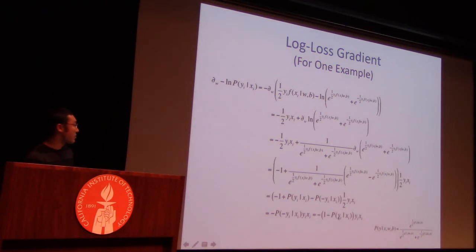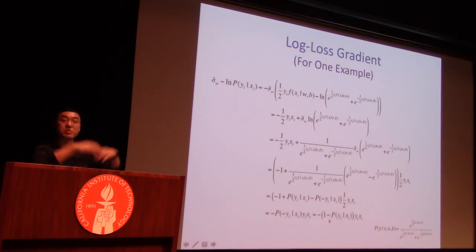So if our current model is super confident that the prediction is the correct label, then this added multiplicative term is basically 0, in which case this contributes very little to the total gradient of the loss function. If our current model is super confident on the opposite label, then this term is almost 1, because this probability will be almost 0.